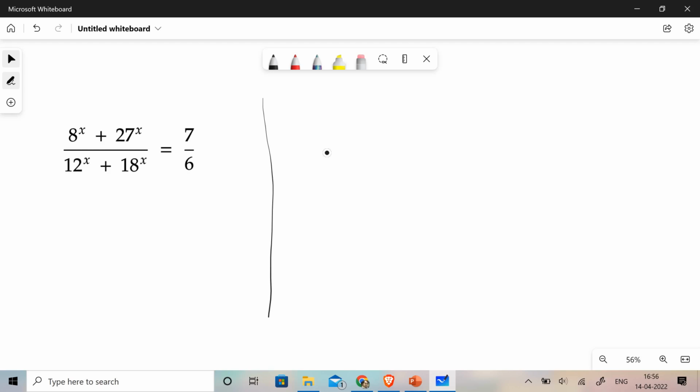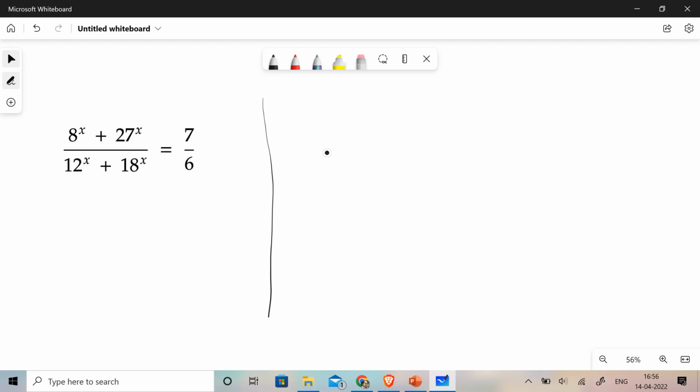And the first thing that comes to my mind is 8 seems to be the third power, or 2 to the power 3, and similarly 27 is 3 to the power 3, right?